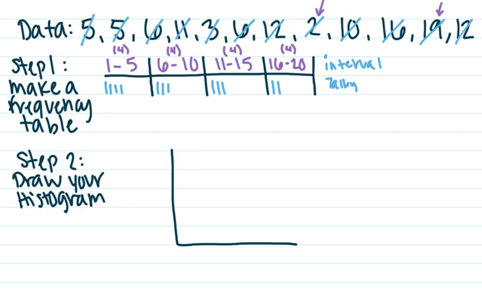So I've accounted for all of my numbers and separated them out into the intervals. That tells me that for these different intervals, I have 4, 3, 3 again, and 2. So when I go to set up my histogram here, on the bottom is where I'm going to write my intervals.